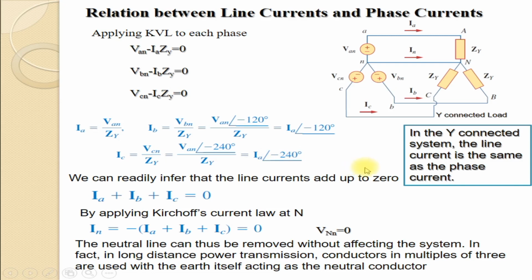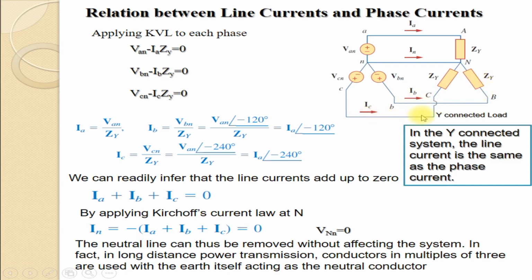Here you can see that this is the line current, and the same current will be flowing through this impedance. Similarly, IB is the line current in the second line, and it will be flowing through the impedance ZY. That means the phase current, or the current in the B phase, is the same as the line current IB.